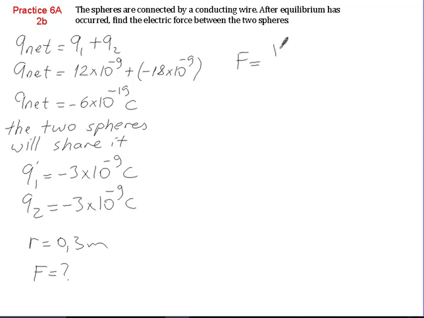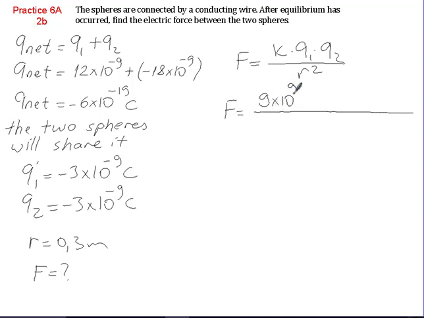F is equal to k Q1 Q2 over r squared. Then F is equal to 9 × 10 to the 9, multiplied by Q1, 3 × 10 to the minus 9, multiplied again by 3 × 10 to the minus 9, divided by the square of 0.3.